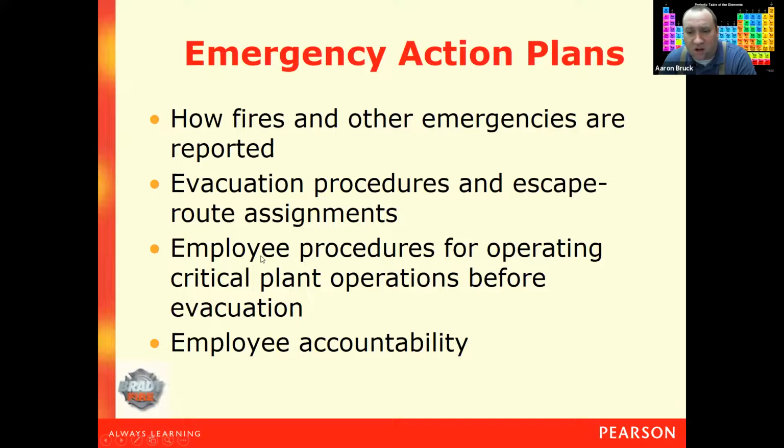Emergency action plans can also have procedures for how to operate critical parts of the plan before evacuation. So for example, during laboratory, if we are in the lab and the fire alarm goes off, one of the things that you do before you leave the room is you turn off the gas supply to your bench.